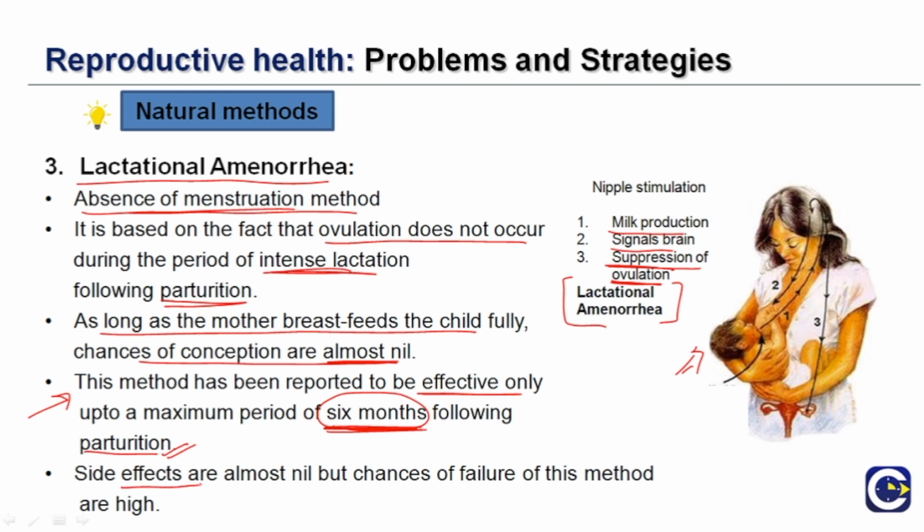Obviously there are no side effects of this method, but the chances of failure are high, because in certain cases it is possible that this period of 6 months is reduced. Therefore, a couple must be very careful if they are following this natural method of lactational amenorrhea.